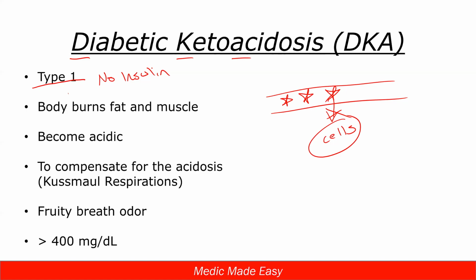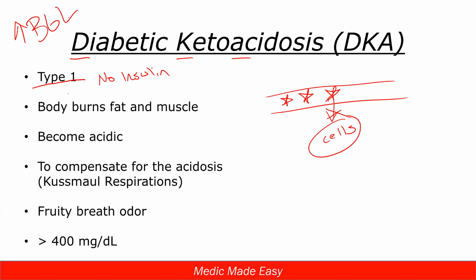And so our body kind of steps back and says, okay, well, how can we make energy? Right? That's the goal. Remember, all the cells are trying to make energy. The body needs to keep making that energy so we stay alive. So in the absence of the ability to use the sugar, even though all that sugar is there, remember, this DKA presentation is high blood sugar.